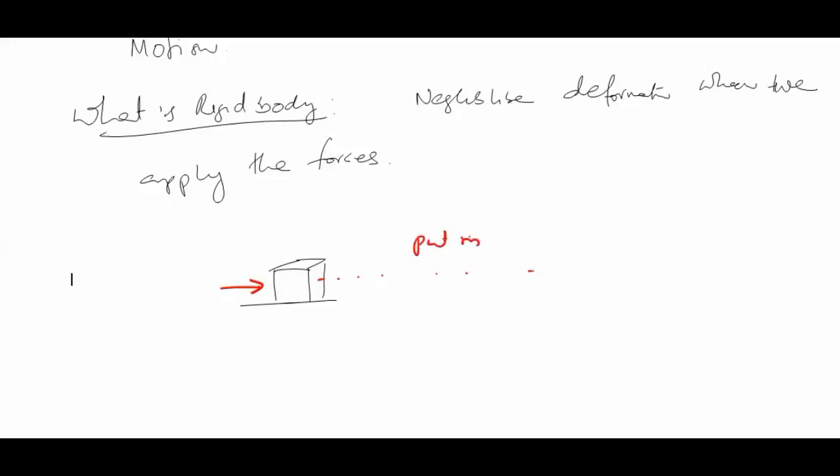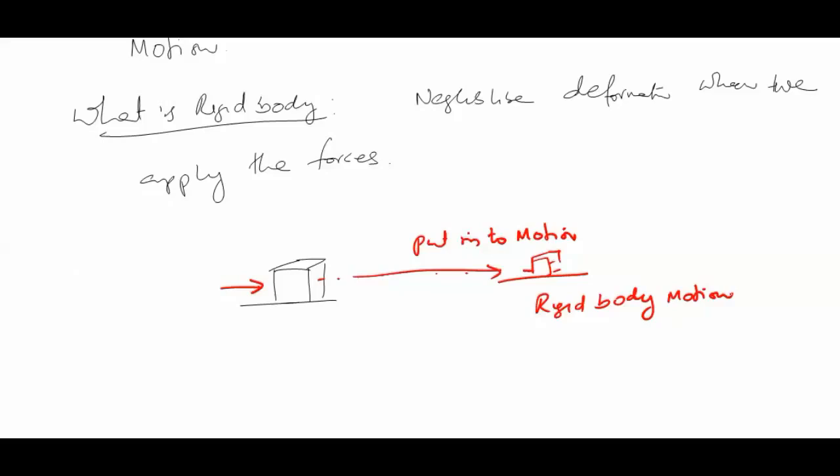The body may move like this, expected to displace to this position. This is what we call rigid body motion.